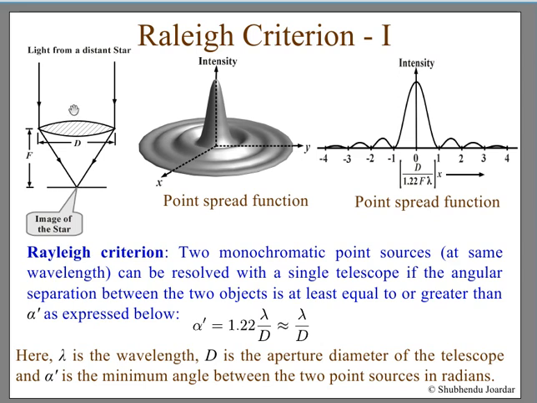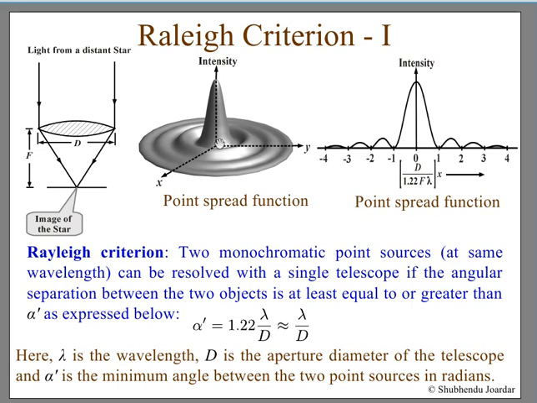Now it should look exactly like the star or whatever you are pointing to, that point. But in reality it doesn't look like a point here. It appears to be a spread out function, and that is why it is known as the point spread function.